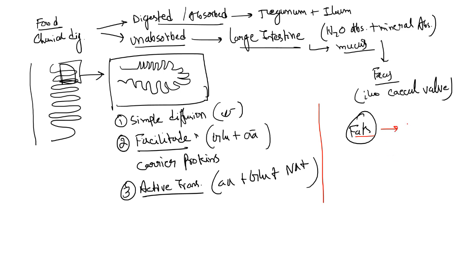So again, small droplets will be formed, known as micelle. And this micelle moves into the intestinal mucosa, where small proteins attach to these fat droplets and form what is known as chylomicron.